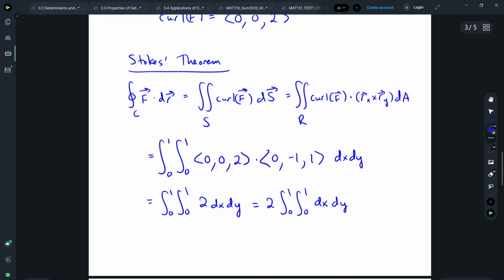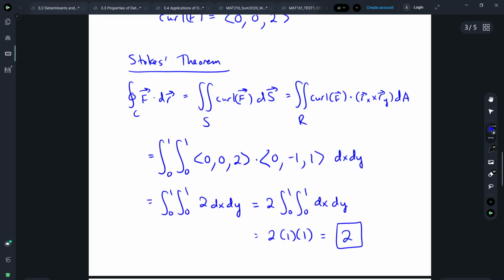And here, since the function is 1, this is just the area of the rectangle for this region, right? So this is just a 1 by 1 rectangle. So I can just calculate it like this. And so the calculation is equal to 2.